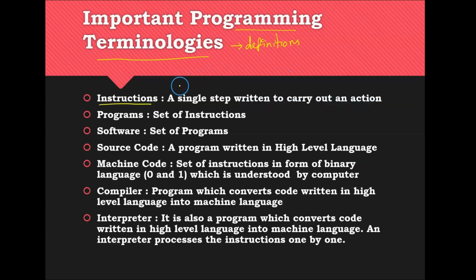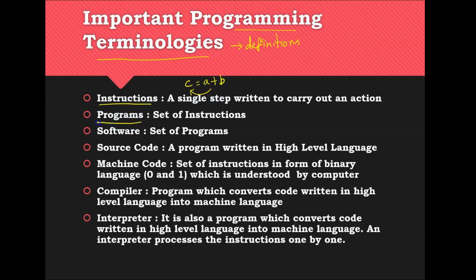Suppose we write C is equal to A plus B, this is called one instruction. This is a single step written to carry out an action. The action being done here is addition. We are going to add two numbers, A and B, and store A plus B in the variable C. So this is one kind of simple instruction.